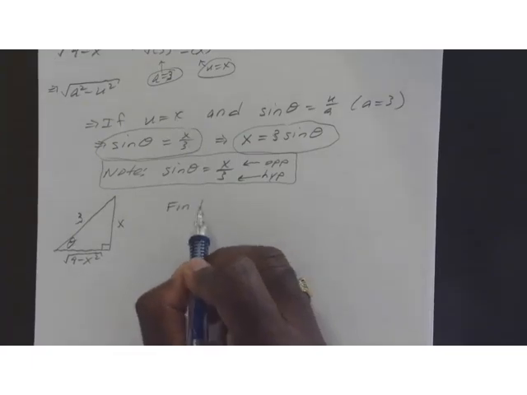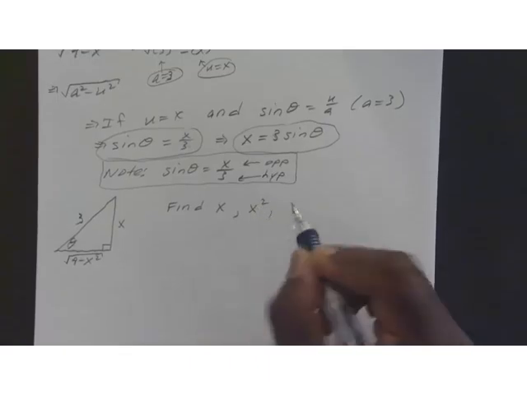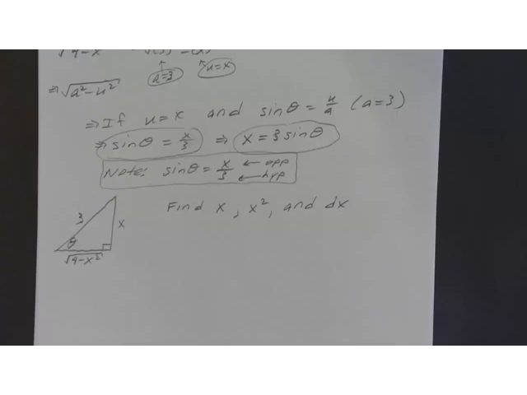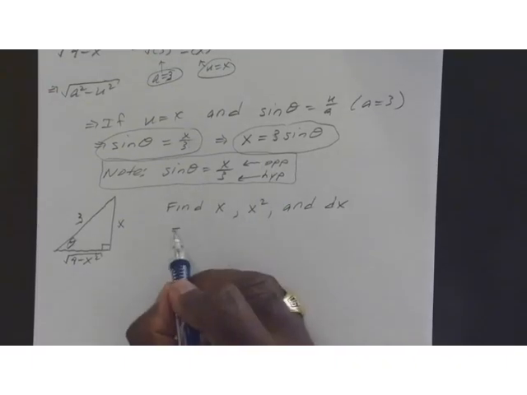So the first thing we have to do is we have to find x squared and dx. Okay. Well, luckily for us, we already found x. X is equal to 3 times sine of theta.